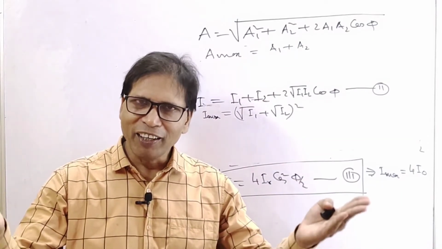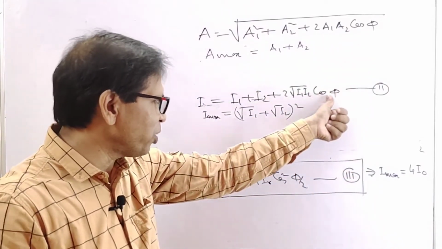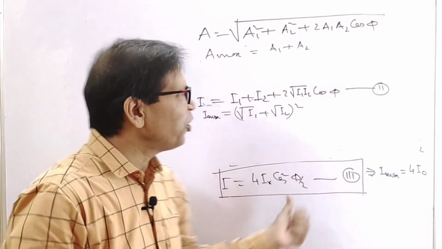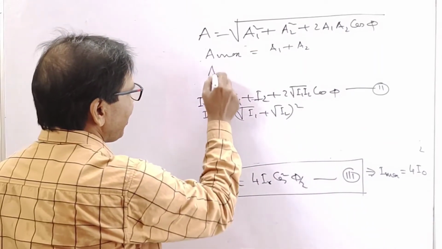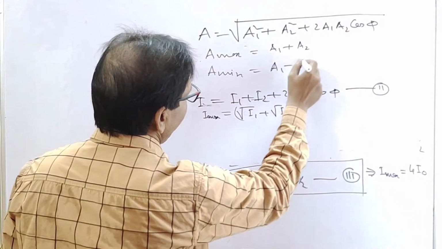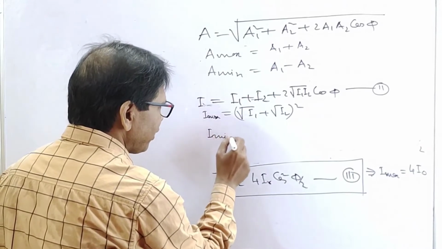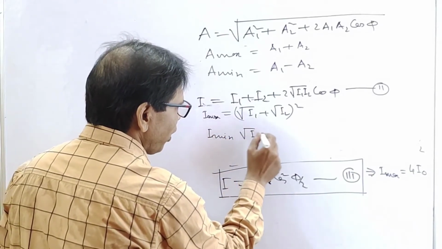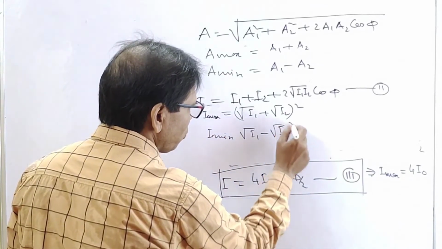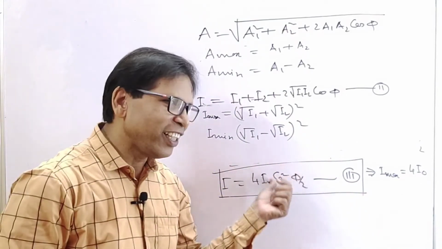So look at this, here minus 1, and this is the 0. A min becomes A1 minus A2, and I min is (root of I1 minus root of I2) whole square, and now this is the 0.